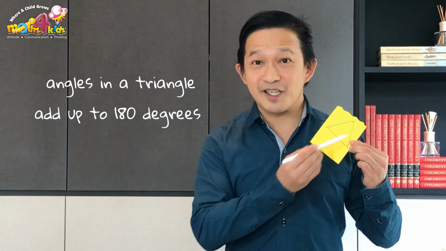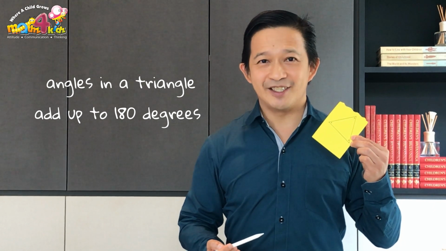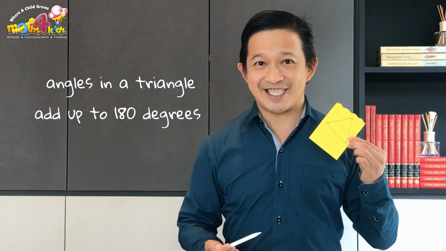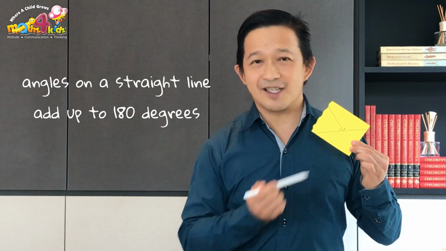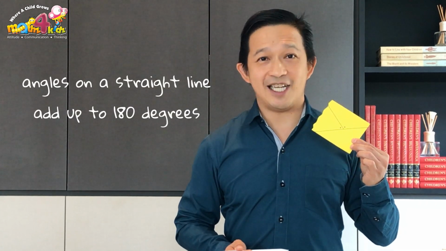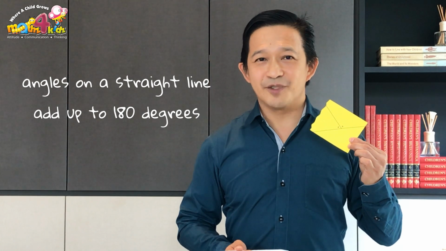The idea that the sum of angles in a triangle is 180 degrees. The idea that those two angles on a straight line add up to 180 degrees.